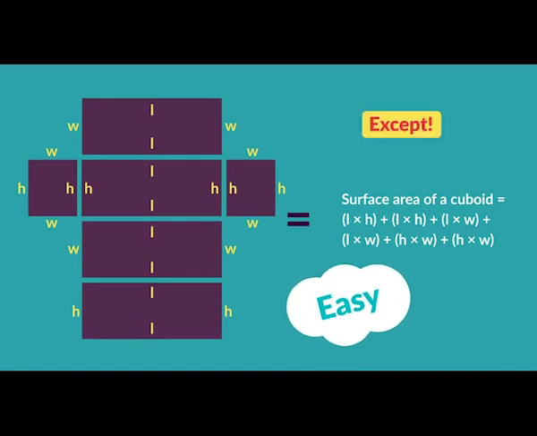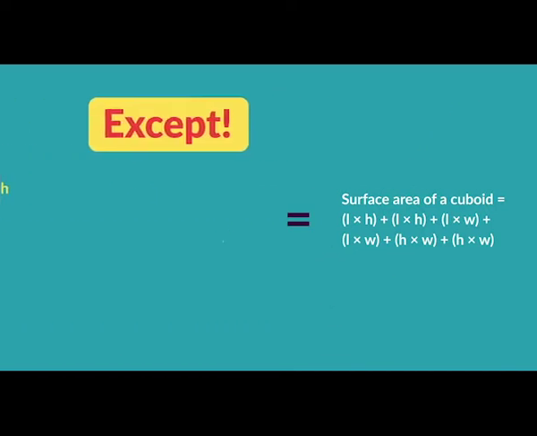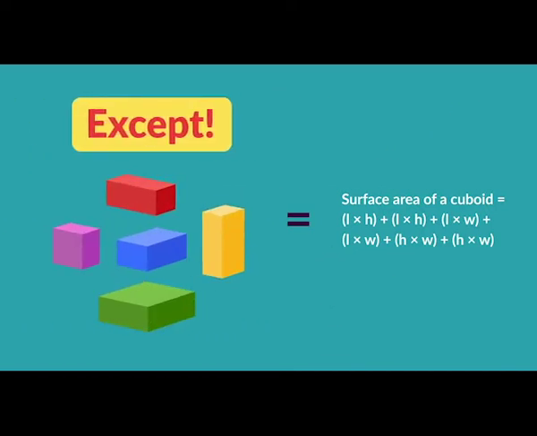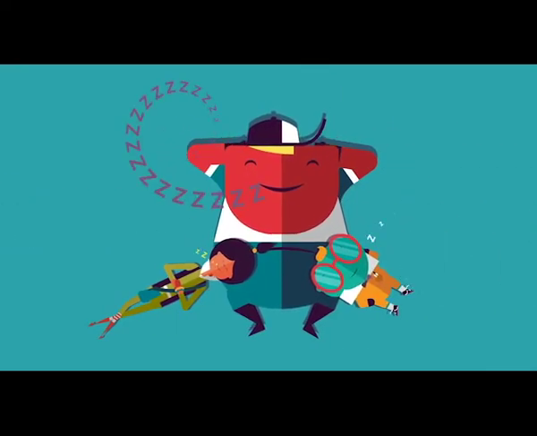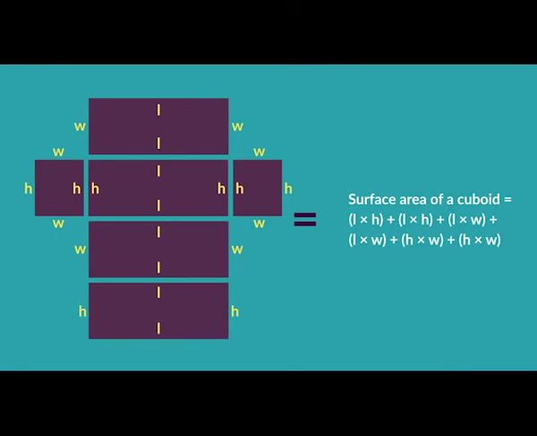Sounds easy, except if you had to repeat this same process to find the surface area of several cuboids, it would take a very long time. So we'll simplify this by finding a formula to help us. This is what we just worked out.